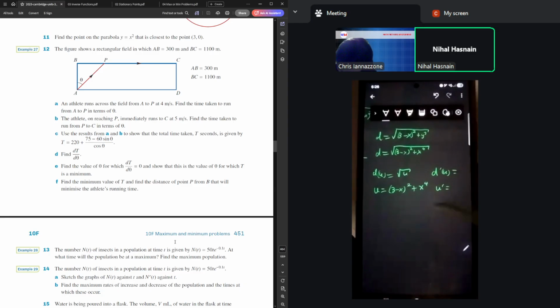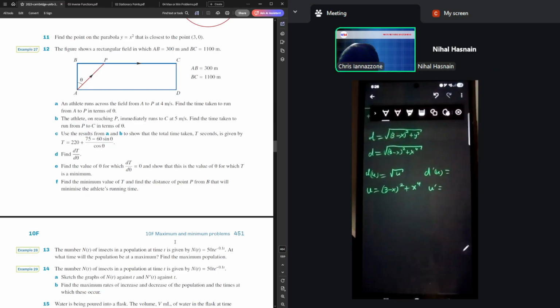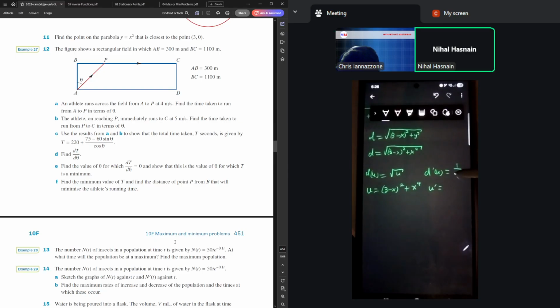Okay, so I'll just do the top one first. So that's 1 over 2 square root of u. Perfect. So u dash.